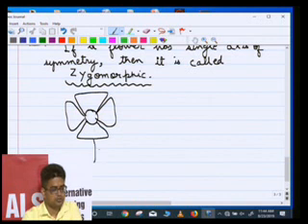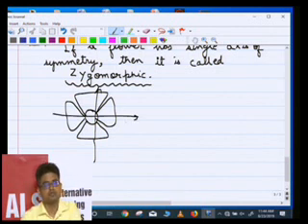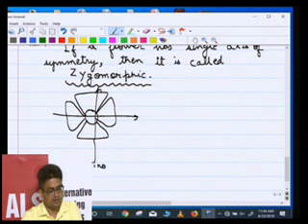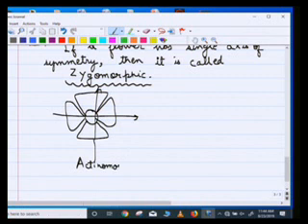It has multiple axes of symmetry. It can be divided from here also, more than one axis of symmetry. This is an actinomorphic flower.